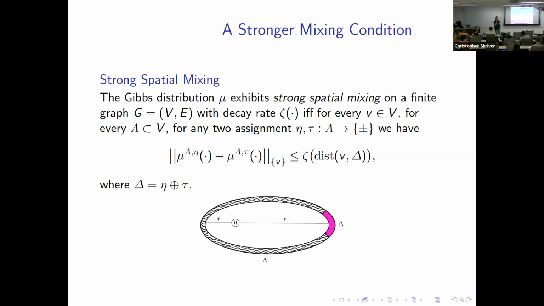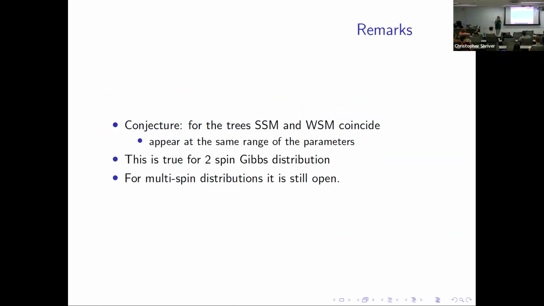Any questions? Okay, so this is what we really need for our algorithm. Okay, so if you have some questions about SSM, let me tell you that the conjecture is somehow that strong spatial mixing coincides with weak spatial mixing for trees, right?